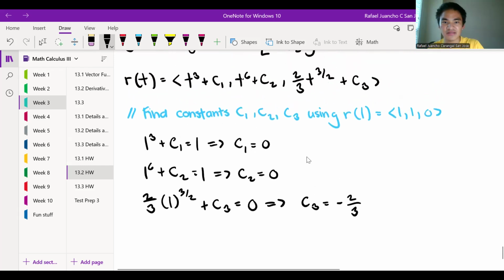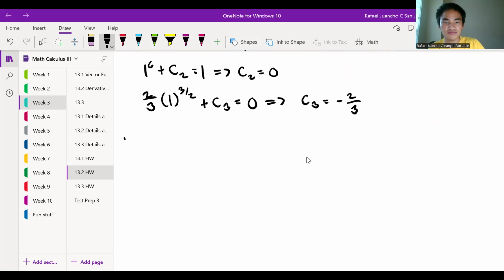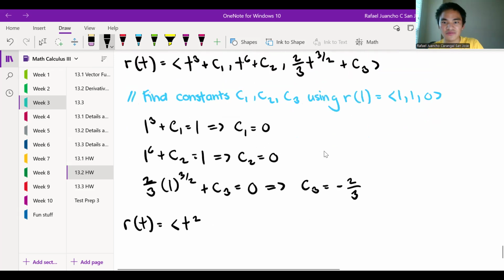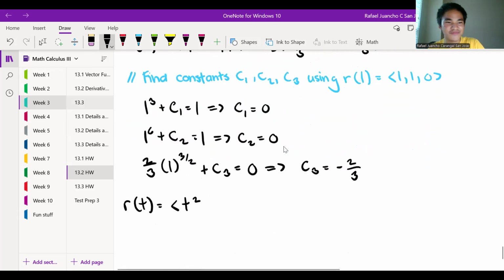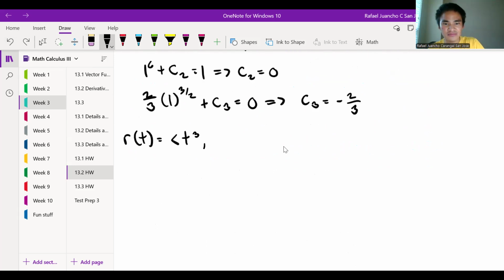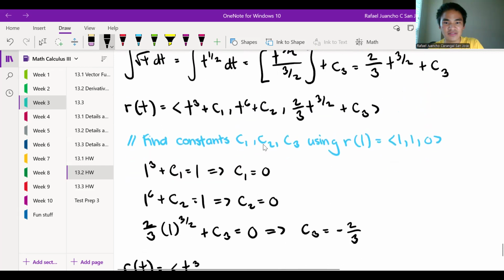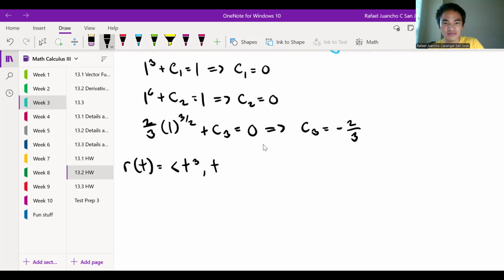And so after finding the constants, we can just plug in like normal. So we have t cubed for the first one. For the next one, we have t to the 6th.